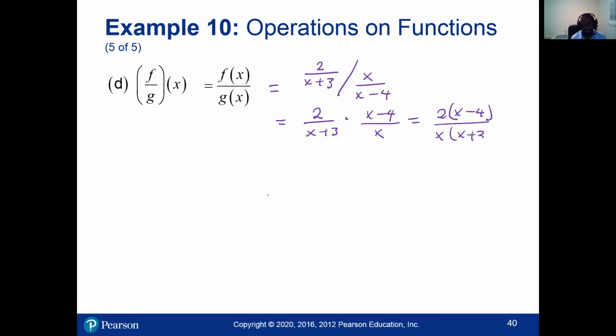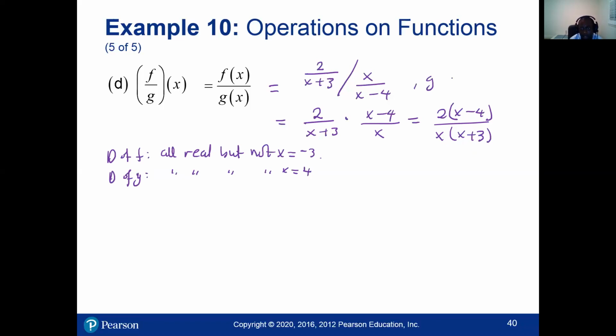Now what is the domain of f? It was all real x, but not x equal to -3. And then the domain of g is all real numbers, but not x equal to what? Equal to 4. Now you notice that this one has a condition that g of x is not equal to 0.